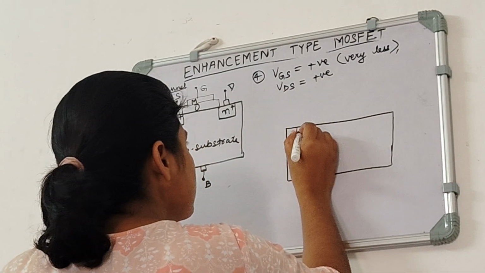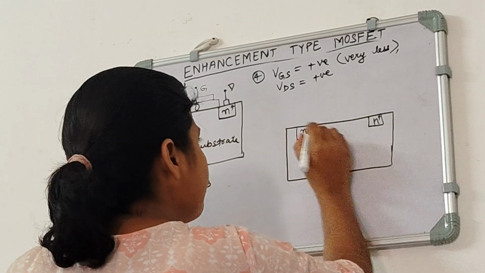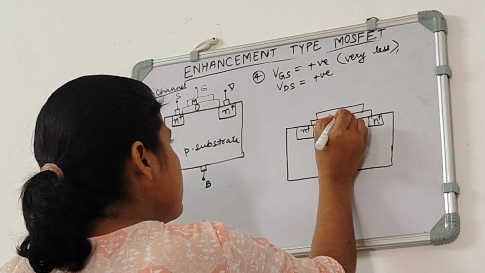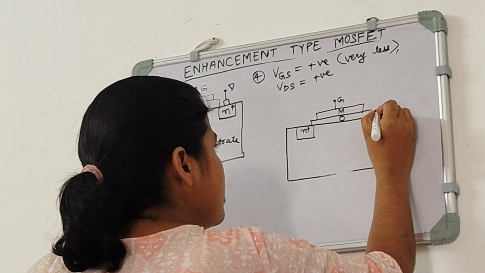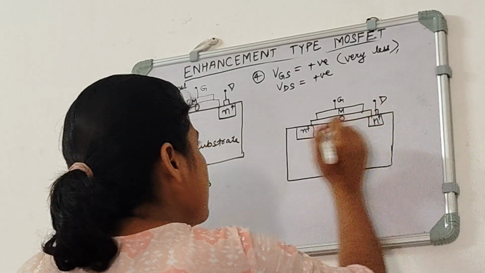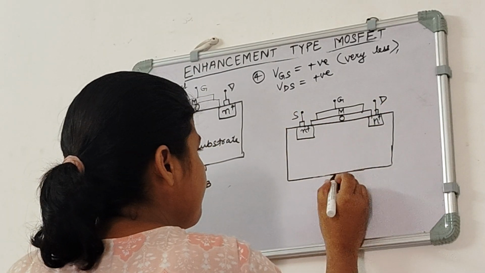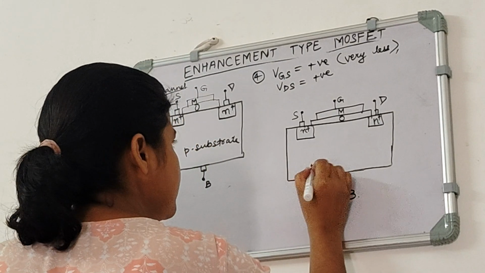This is source, this is drain, and this is oxide layer, this is metal layer. It is gate terminal, here we have drain terminal, here we have source terminal, here we have body terminal, and this is our P substrate.